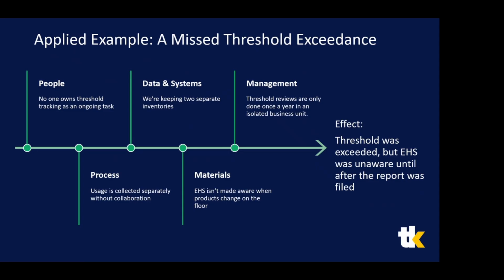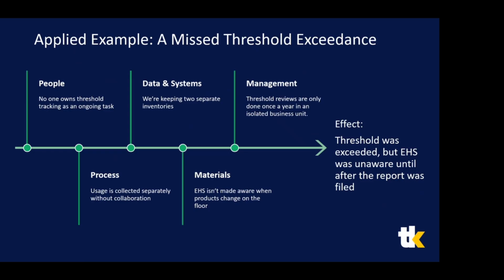In the people category, what I said is that no one seems to own threshold tracking as an ongoing task. And so we had a gap in ownership over the system. For data and systems, they were keeping 2 separate inventories. So procurement and operations had one inventory and EHS had a different inventory that was out of date.